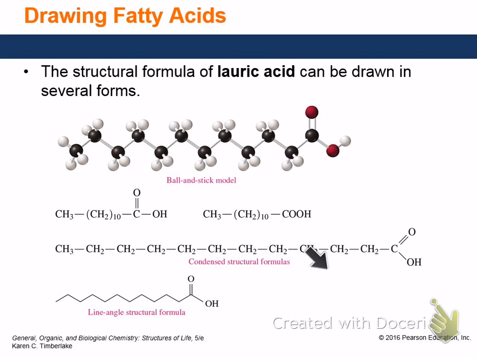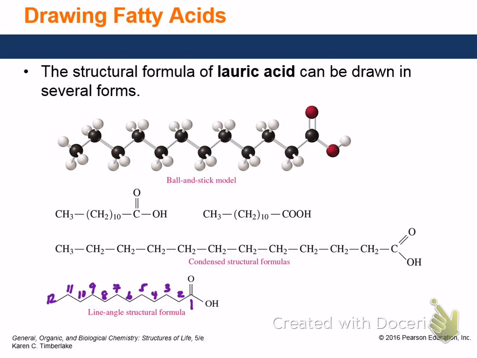This is a condensed structure, and this is the line angle or bond line structure. And you just have to remember every end and every bend is a carbon. So if you're going to do this one, just so you can see that there's 12 here. I actually didn't count it before. I just assumed they did 12, so let's try it. 1, 2, 3, 4, 5, 6, 7, 8, 9, 10, 11, 12.